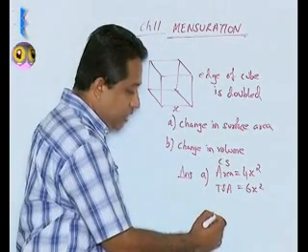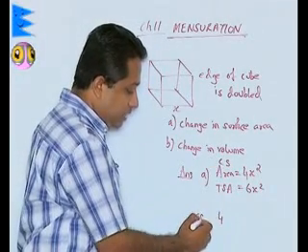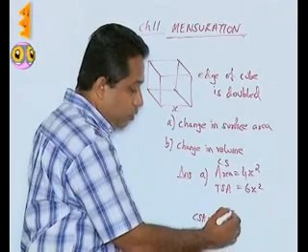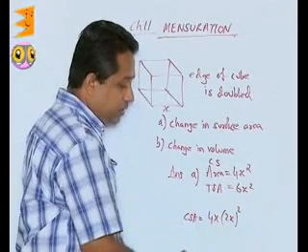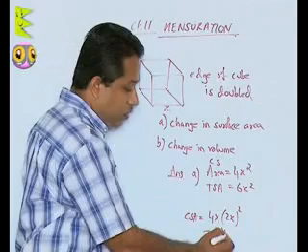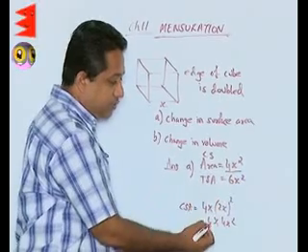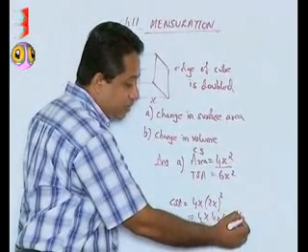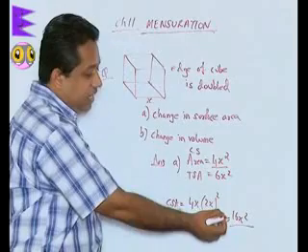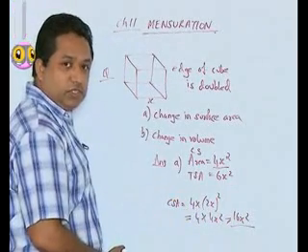In the first case, this will become CSA 4 into 2x whole square. So this is going to be 4 into 4x square. So 4x square has become 16x square. So we find that the area increases 4 times.